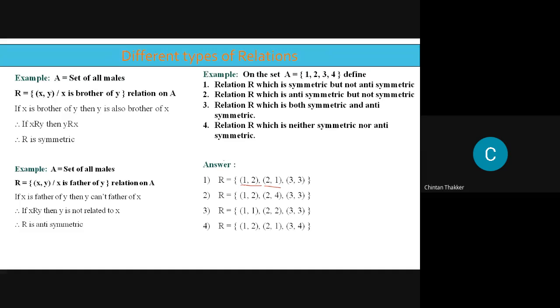And we have (3,4). The reverse ordered pair of (3,4) is (4,3). It is not in R. Therefore, it is not a symmetric relation also. So this relation is neither symmetric nor anti-symmetric. Okay.